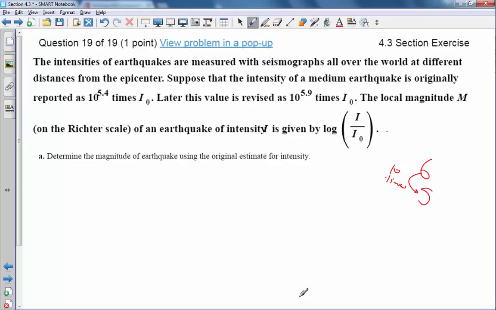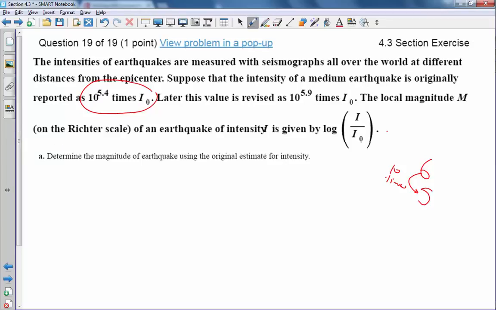So we just need to figure out in part 8 how big this is. This is what the center announced, 10 raised to the 5.4 times the reference density of the earthquake. We just need to figure out what this number means in Richter scale, okay?